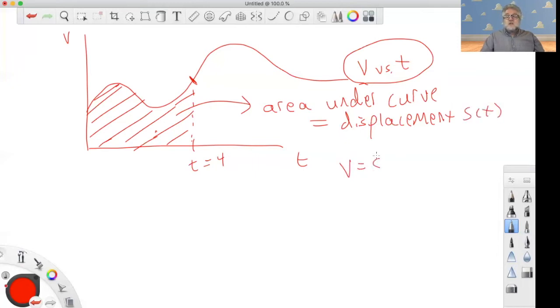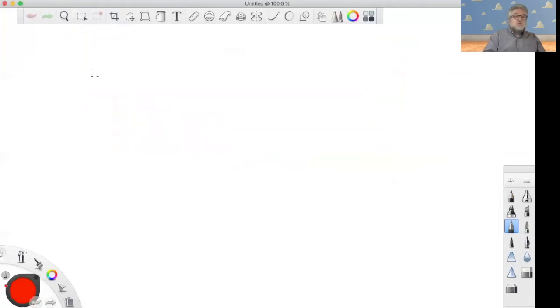The velocity is s prime of t. And when we calculate the area under the velocity curve, it takes us back to the displacement. Okay, so we got to be very specific about that. So let's say we have a function.